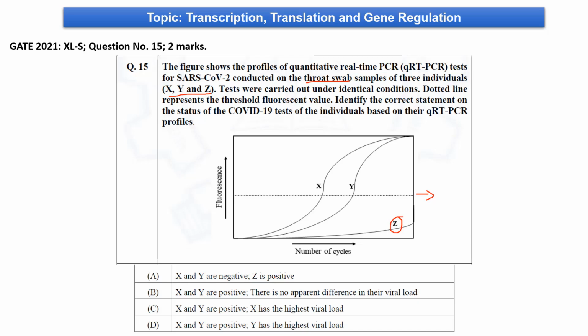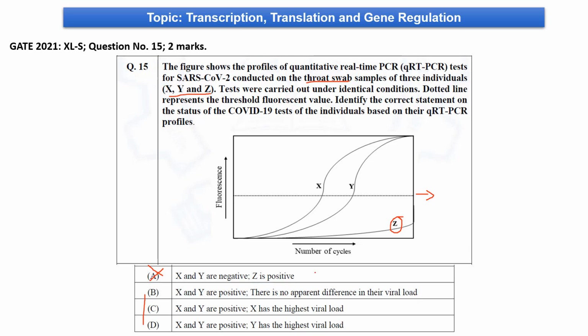So Z is negative, X and Y are positive. So this option, where Z is positive, is completely wrong. Because X and Y both have crossed the threshold value, they both are positive. So all the other three options say that X and Y are positive. So the answer could be any of the three.